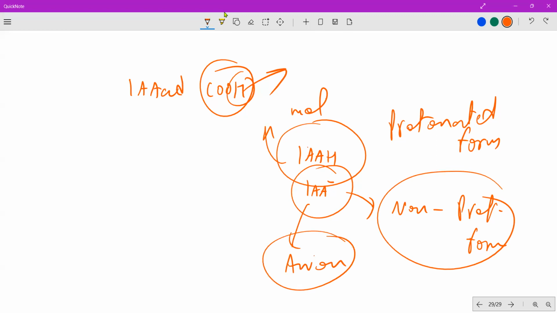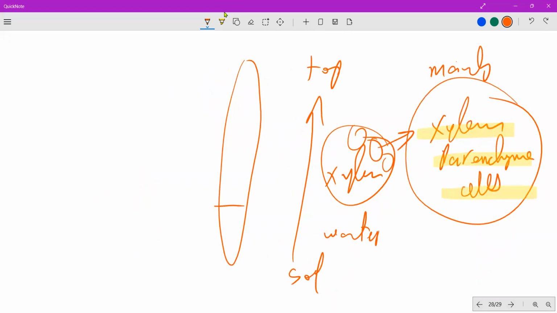So auxin in the plant, which is the main auxin IAA, can exist in two forms. One is the protonated form, IAAH, there's no charge, and one is the negative charge, that is, it is an anion.